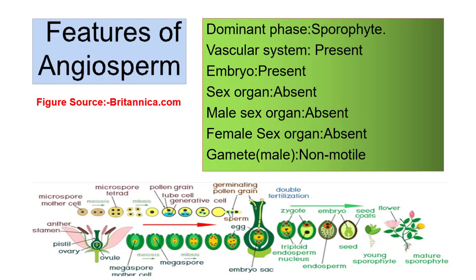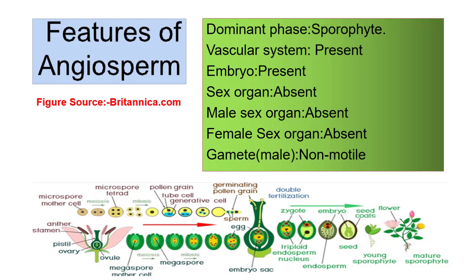These are the small and important points: dominant phase sporophyte, vascular system present, embryo present, sex organs absent, male sex organ absent, female sex organ absent, gametes non-motile.